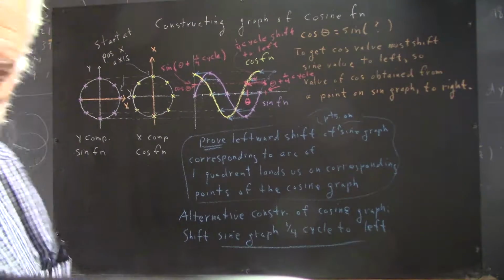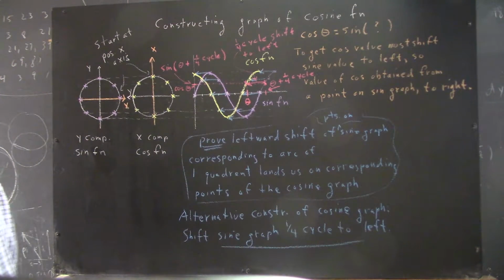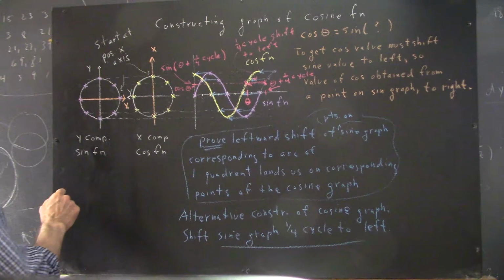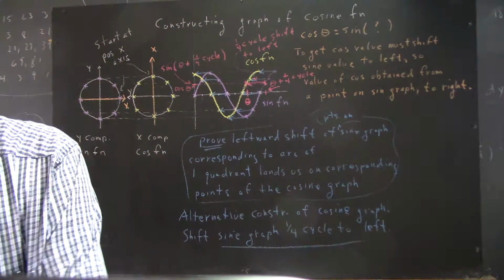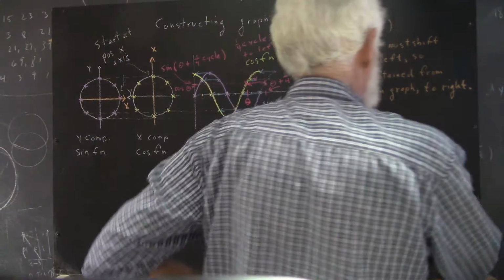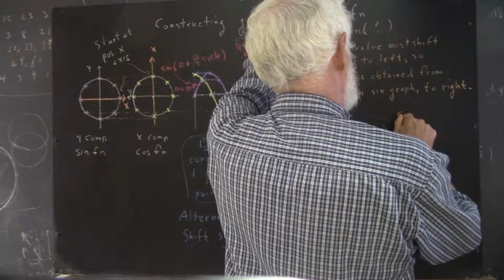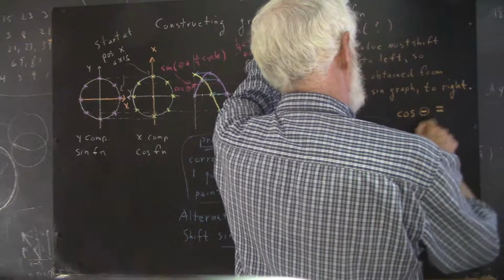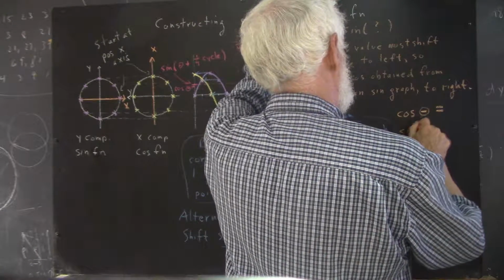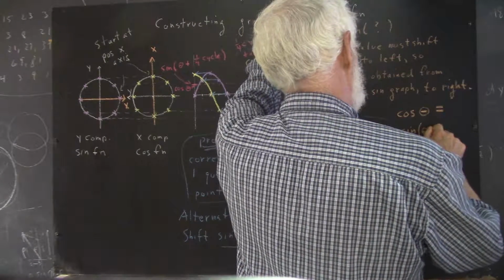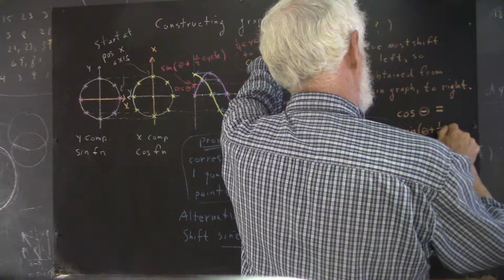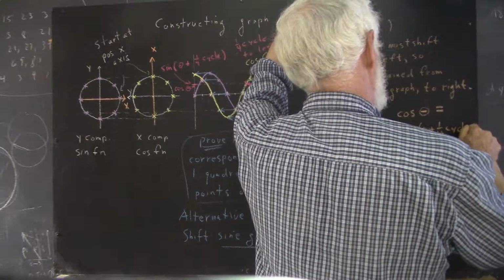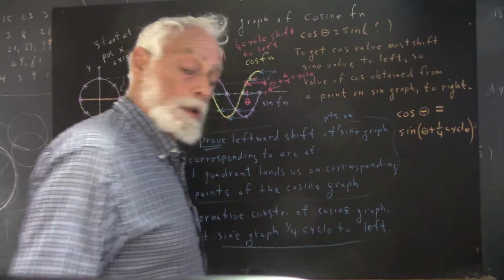So we can write this in general then, cosine of theta equals the sine of theta plus a quarter of a cycle.